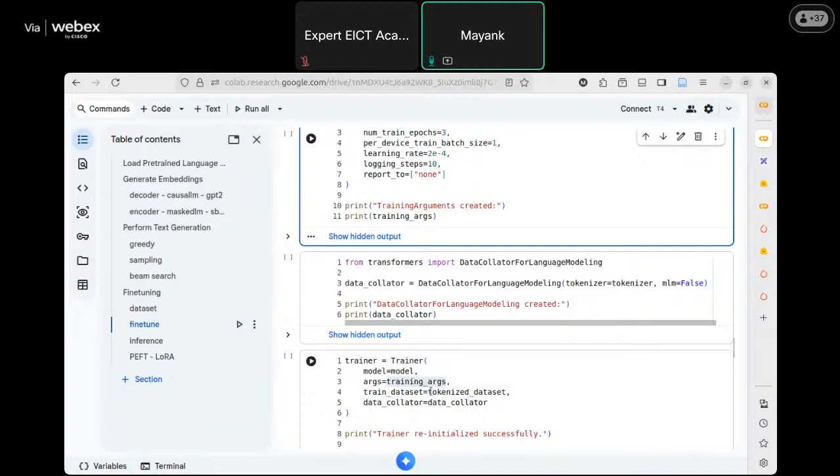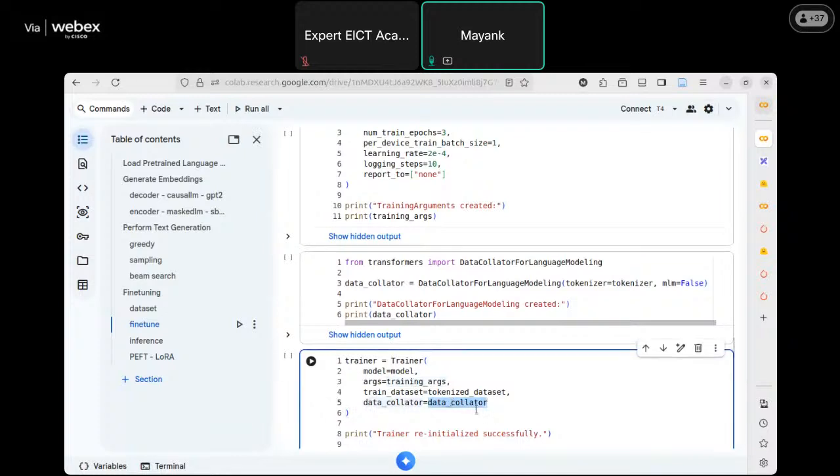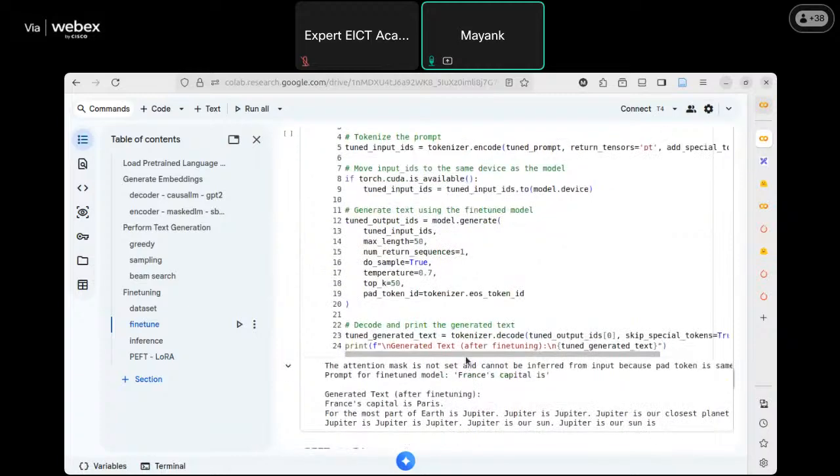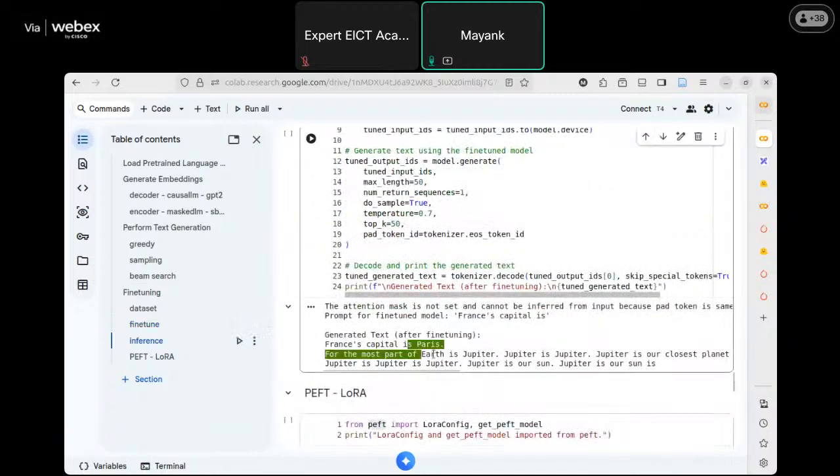We also gave our data collator, which pads the input data and makes all the strings fixed size, and our tokenized data set, which was a list of tokens rather than simple strings. Then we simply say trainer.train and it does the fine tuning. And then we did a small inference.